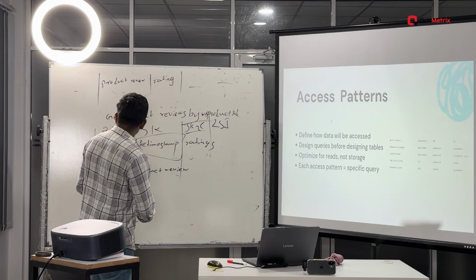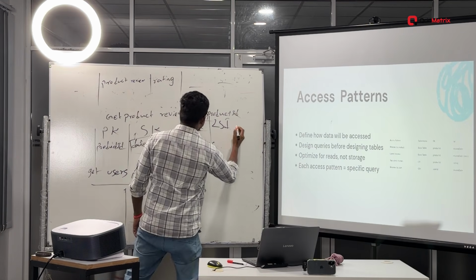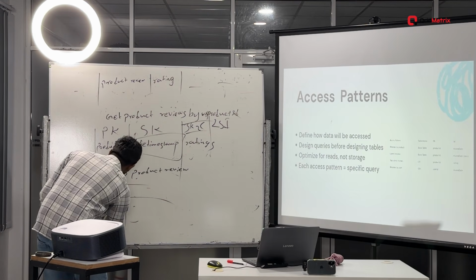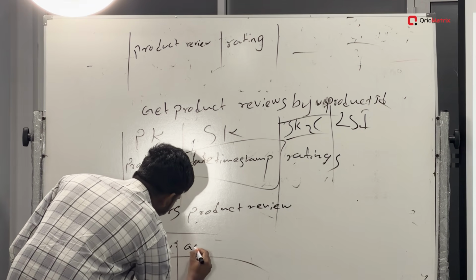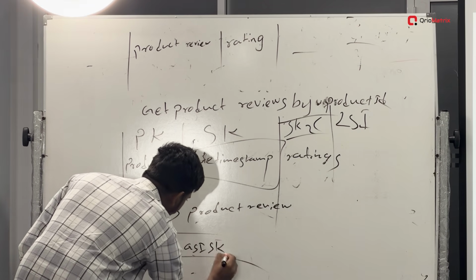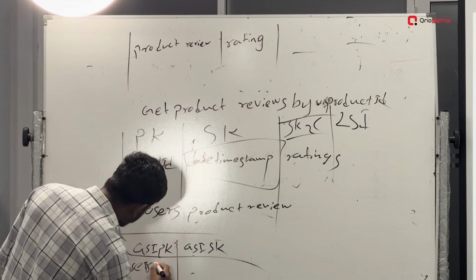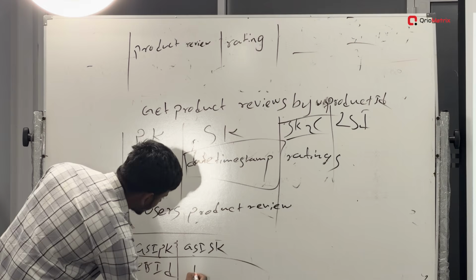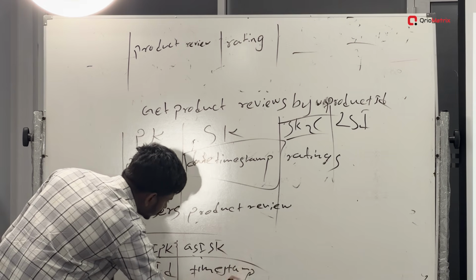So here I will add a GSI PK, partition key, and a GSI sort key. The partition key will be user ID. The sort key will be timestamp. This can be different.